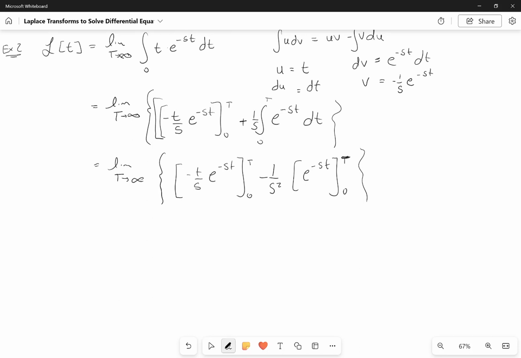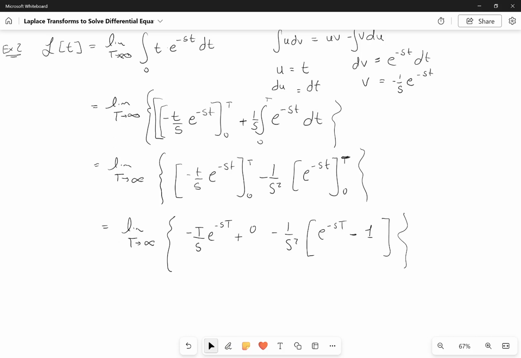The limit as t goes to infinity, and what am I left with? Negative t over s e to the negative st, plus, well, this is 0, so that's going to go. Then minus 1 over s squared, and I've got e to the negative st minus e to the 0, which is a 1.